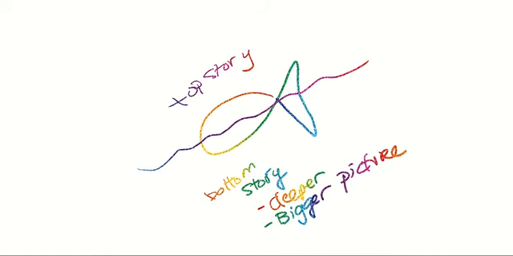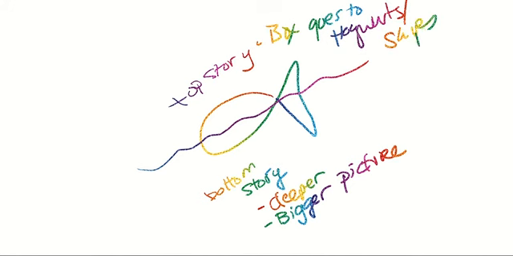So, for instance, if you think about, let's say, Harry Potter, right? Let's think about the first Harry Potter. So the top story is going to be boy goes to Hogwarts, saves the day, right?